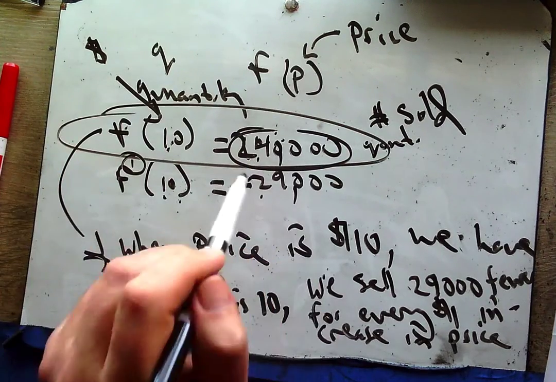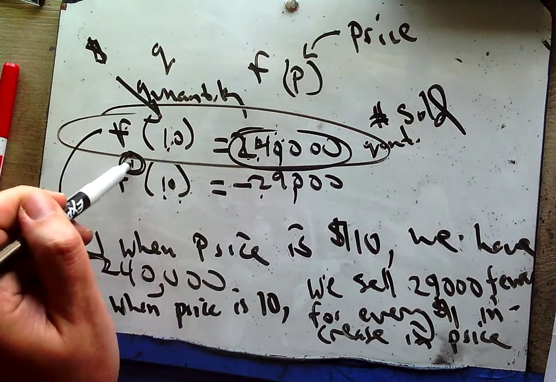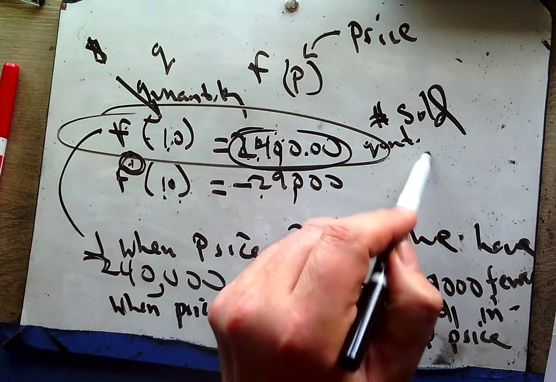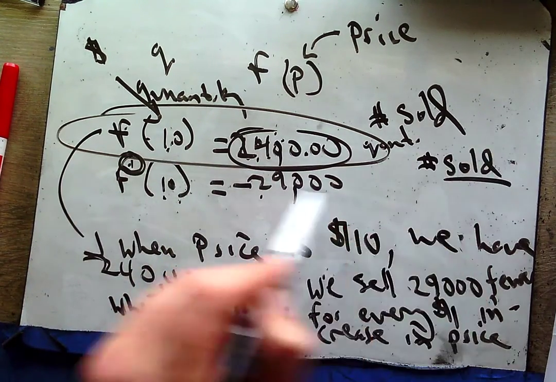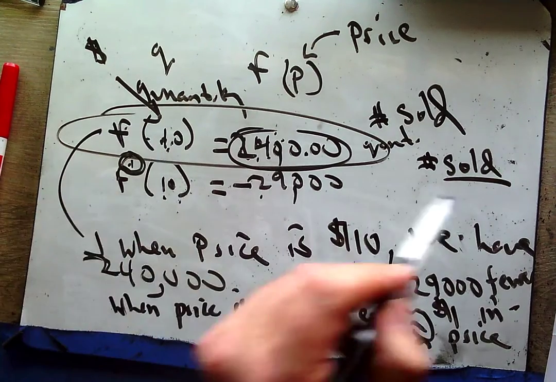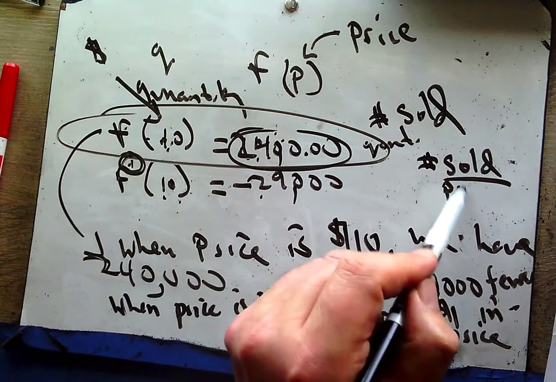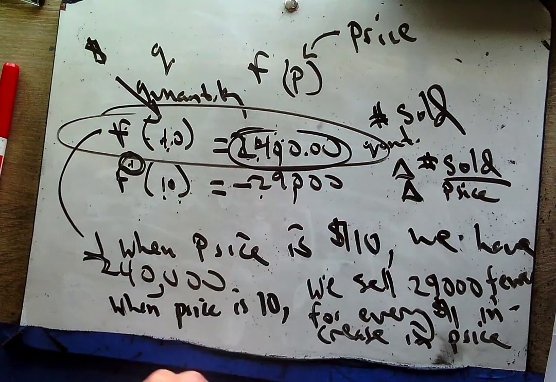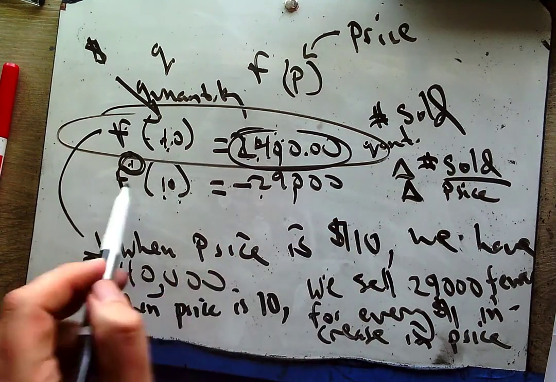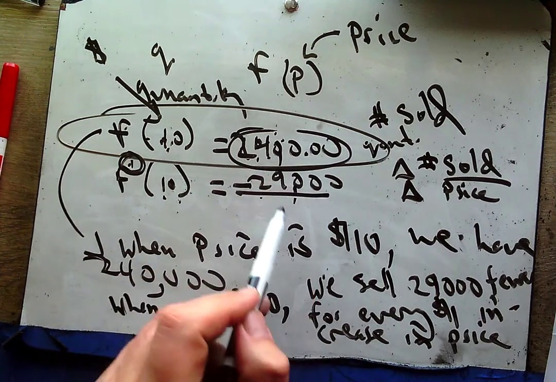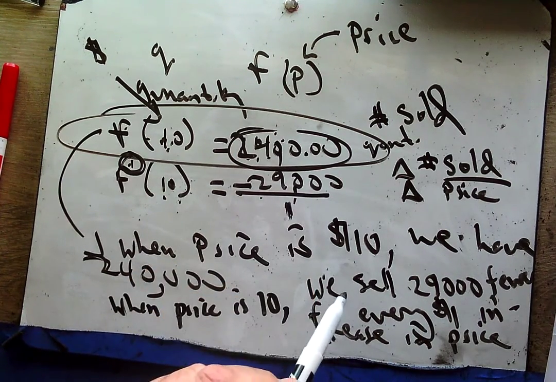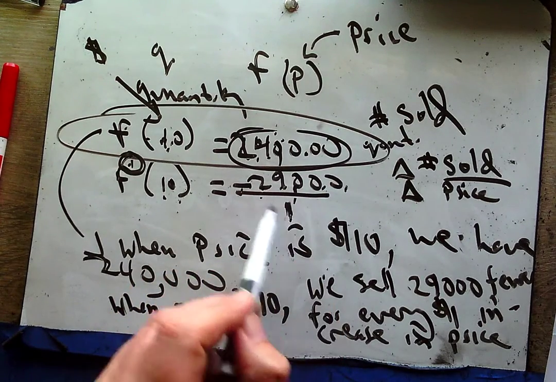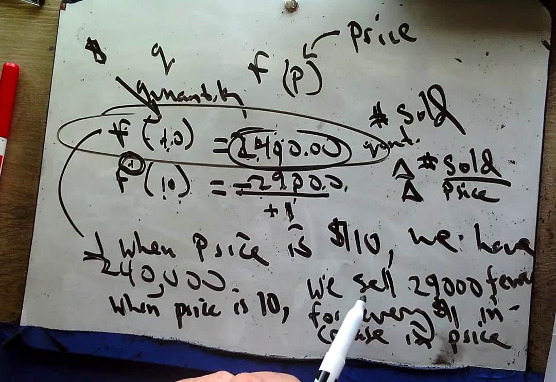So when I think about the slope on this graph, on the f graph, I have a change in the number sold over change in price. My slope is a change in the number sold over a change in price. When I see f prime of 10 as this, it's really that. I'm going to sell 29,000 fewer when the price goes up $1.